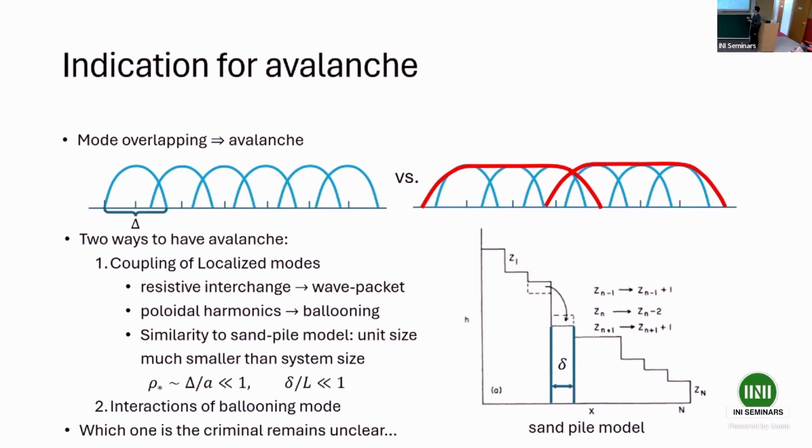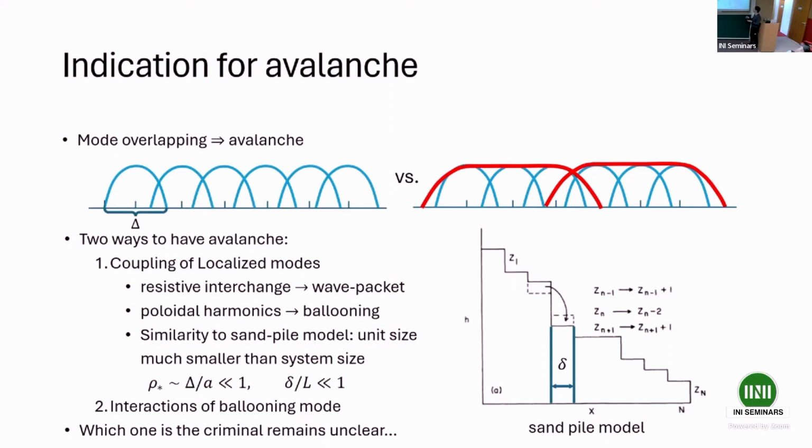So there are two ways to have avalanche. First, we have very spatially localized modes. They overlap in space. So if we excite one, then due to their overlapping, this excitation will transfer to the other mode, which is the avalanche. This spatially localized mode can couple either due to the ballooning effect, or you can just think of the wave packet.